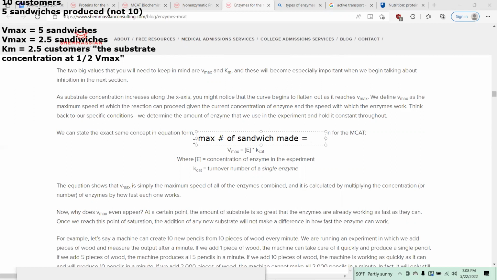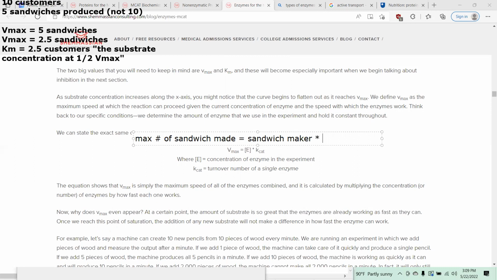And what is our E? What is our enzyme in this analogy? Who is doing the work and making the sandwich? The sandwich maker, right? And then we have this new value, K catalytic. K catalytic means how much product the sandwich maker makes in one go, in one reaction.